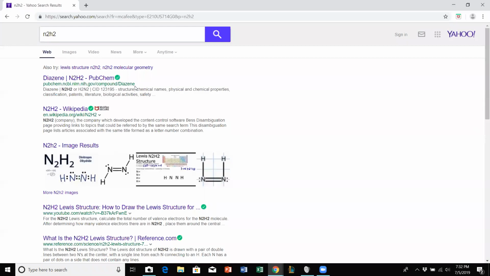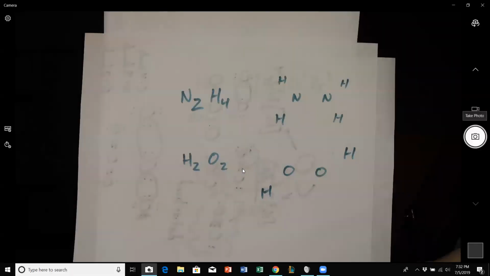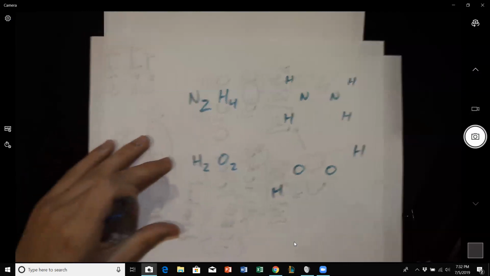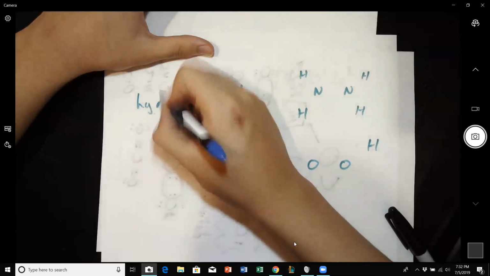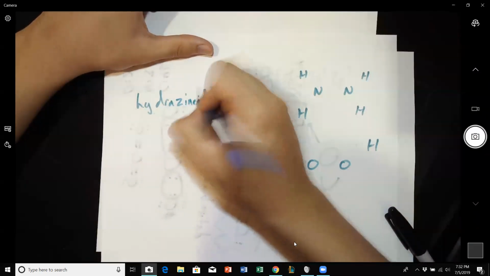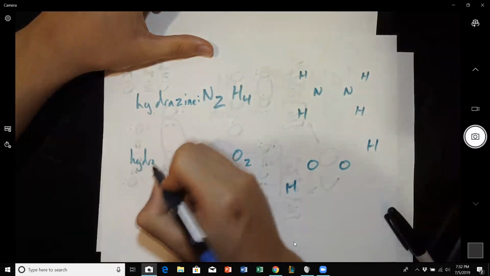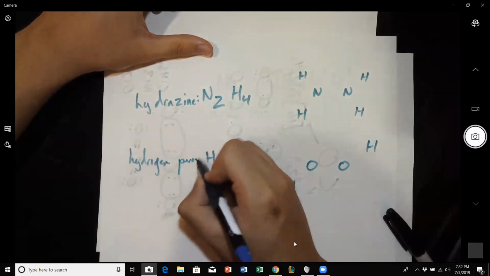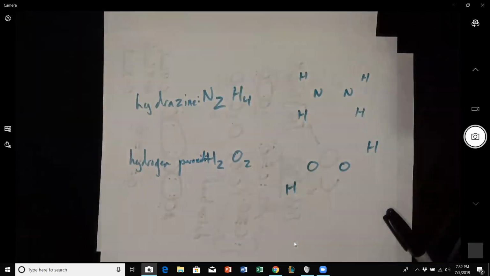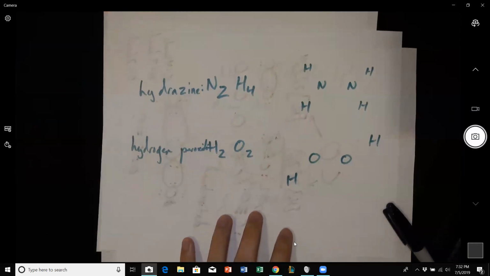Can't remember what the name is. Oh, diazene? Okay. And I'll write the names of these compounds, by the way. Okay. So I'll give you guys 5 minutes to draw the bonds in these compounds.